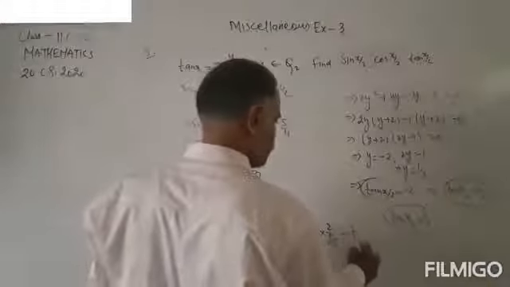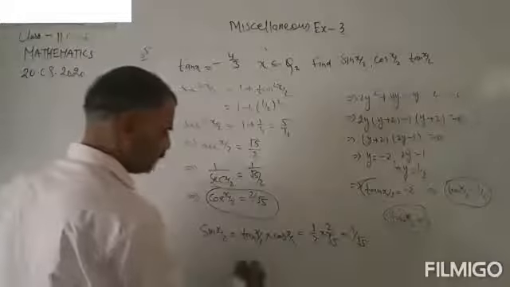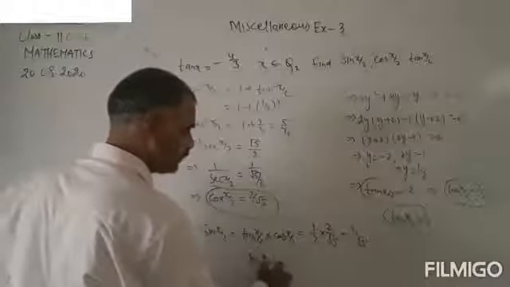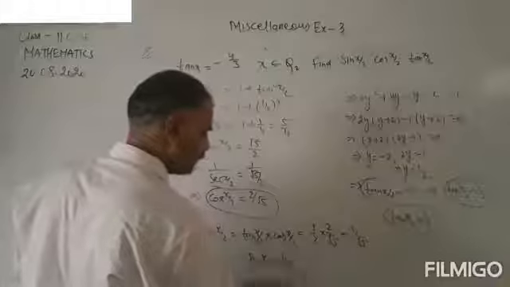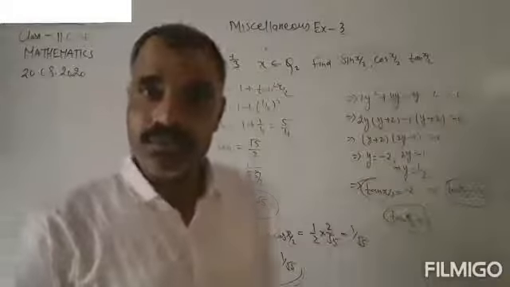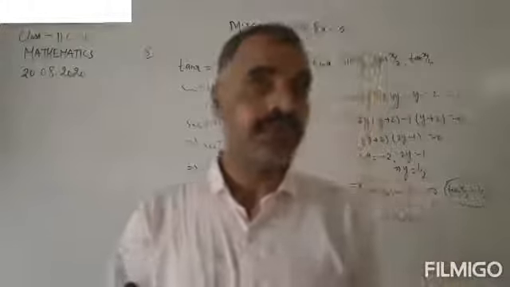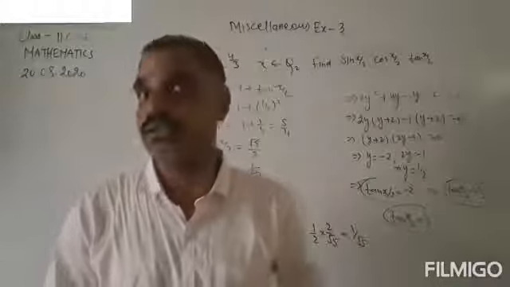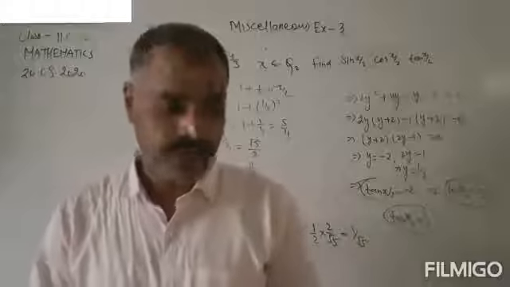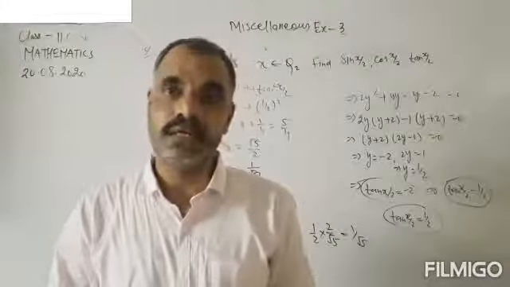So this is equals to 1 upon under root 5. So sin x by 2 is equals to 1 upon under root 5. In this way we can find the other trigonometric ratios.